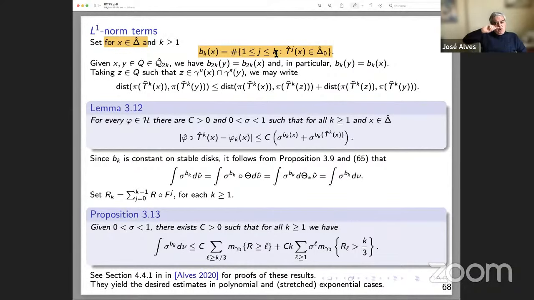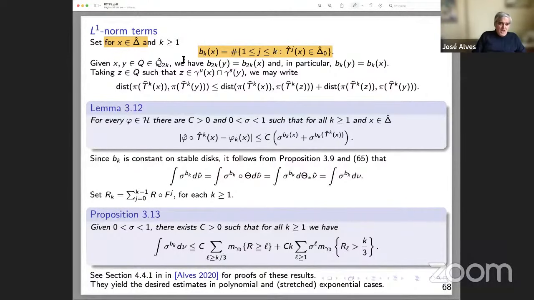The idea is that going down is good, because when we go down through a hyperbolic map we have uniform contraction in the stable leaves for the return to the base. So we are going to put some estimates in terms depending on the number of visits to the 0 level.